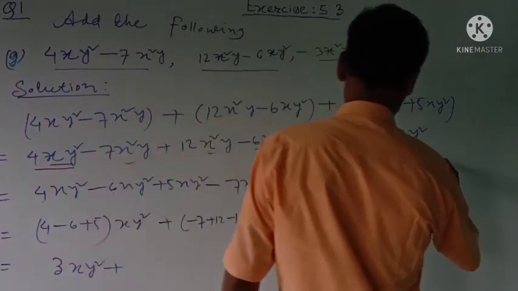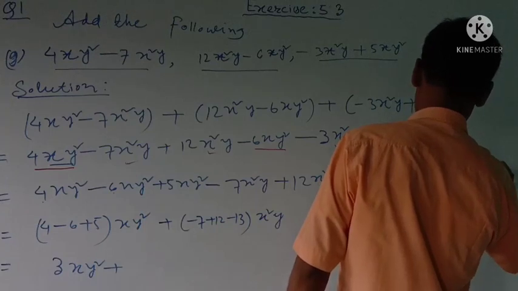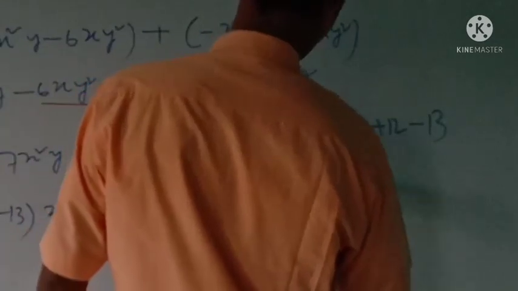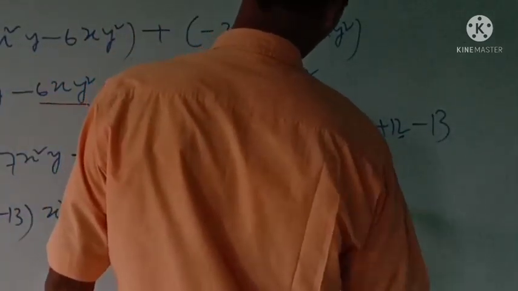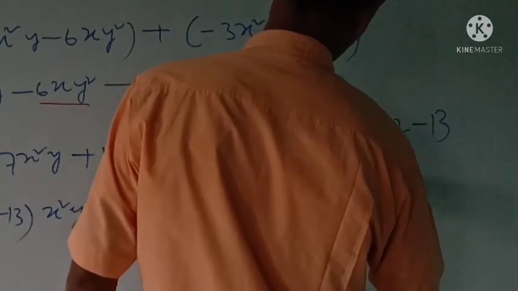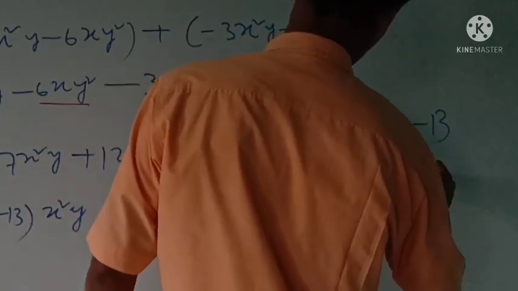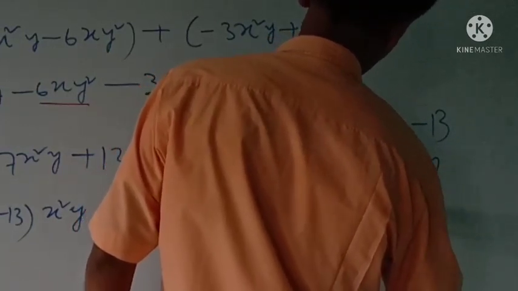See, a shortcut you can do: minus 7 plus 12 minus 13. This 12 is positive, this 7 and 13 both are negative, so 12 minus 7 minus 13; if you take minus common, 7 plus 13, you get 12 minus 20.